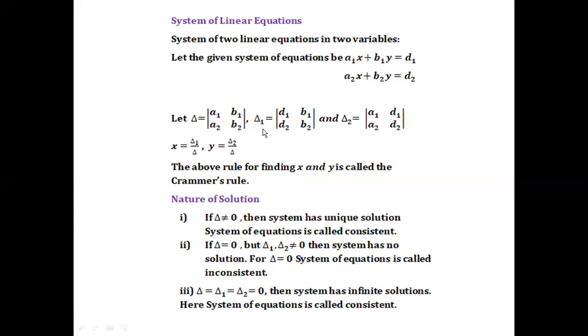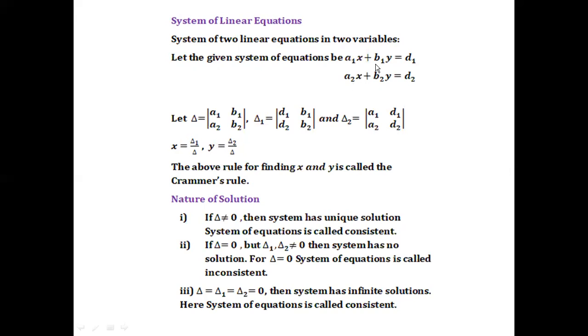Now delta 1 is obtained with first column d1, d2, that is the constants of the first and second equations, and second column b1, b2, the coefficients of y. And delta 2 has first column a1, a2, the coefficients of x in the first and second equations, and second column the constants d1, d2.